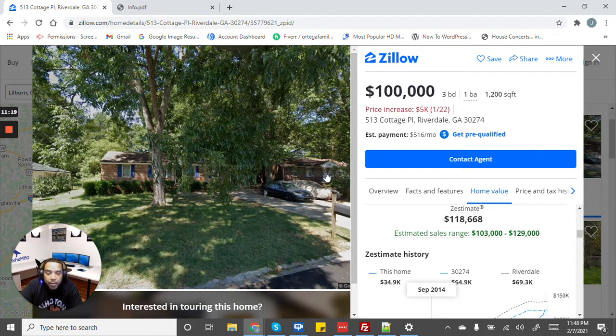It's just for demonstration's sake. So I'm at 77,600, the 70% minus my wholesale fee of 5,000. Then 77,600 minus, let's say, $10,000 in repairs for this property brings it to 67,600.